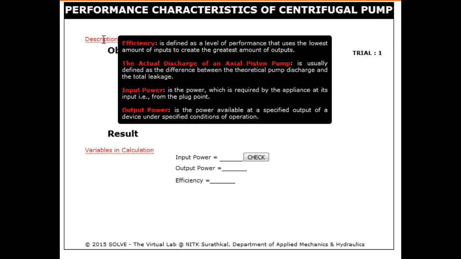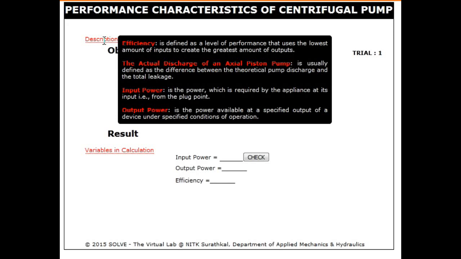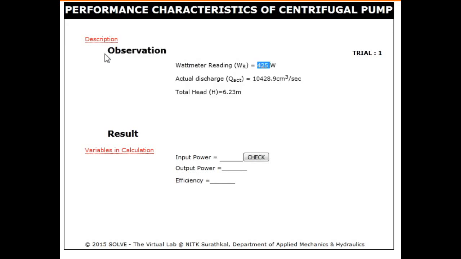Actual discharge I have already explained in this same video, and input power is the power we give with the help of electrical connections. Output power is the power we actually see after the pump. The discharge coming out of the pump will give you the output power.